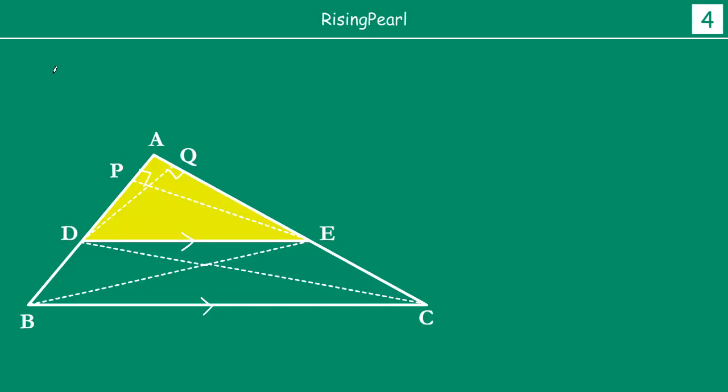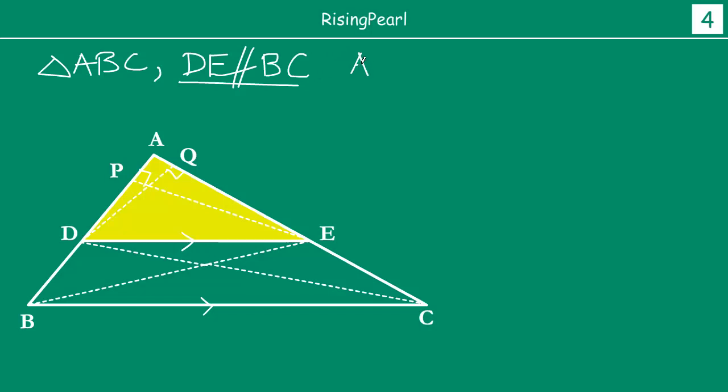So let us just quickly recap what we have, how we started off, right? So we started off with triangle ABC. Then we have been given line DE. This line DE is parallel to BC. This is given. And we need to prove that AD divided by BD is equal to AE divided by CE.